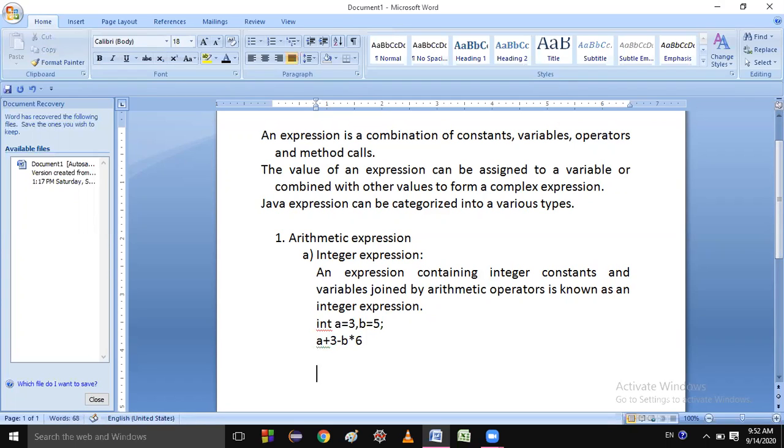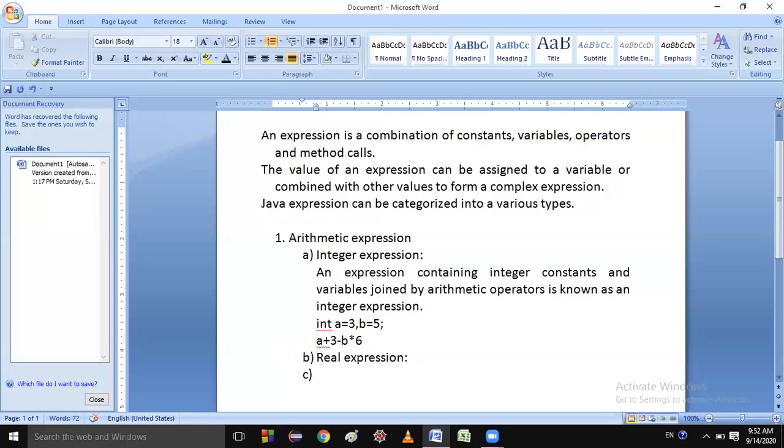So next one, students, is the real expression. As the name suggests, it is talking about fractional numbers, decimal numbers.